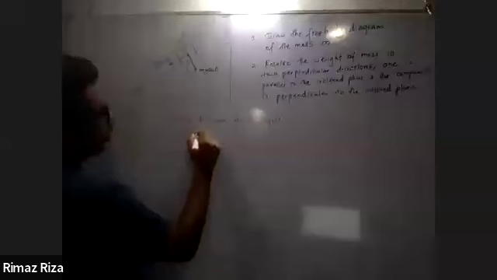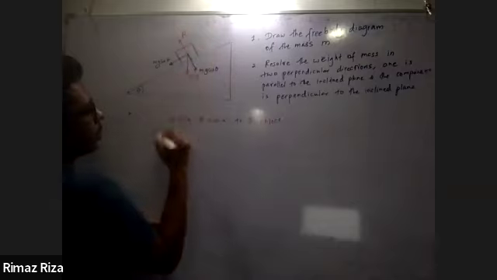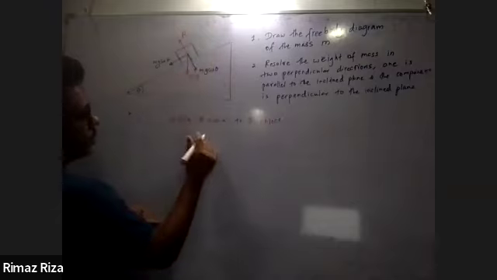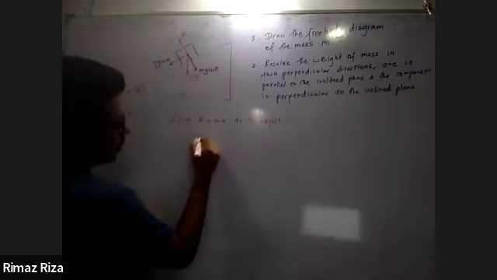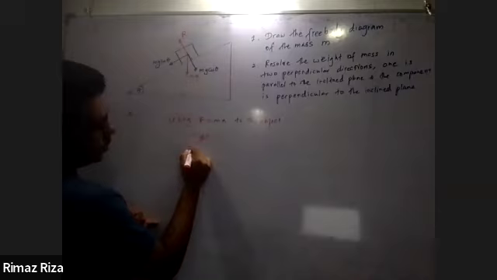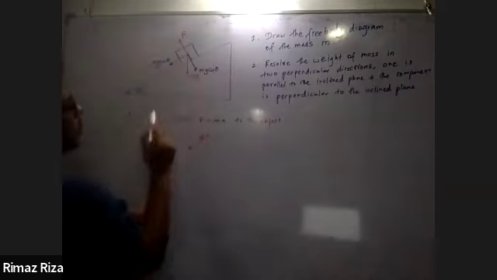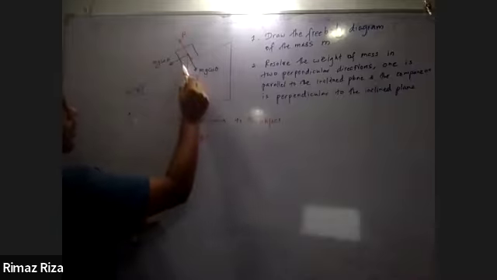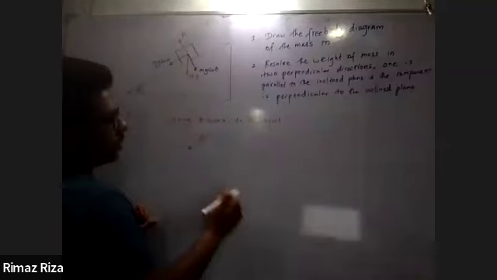So here the direction is, this is angle theta. We draw a line like this, so this is parallel to this. Therefore, this angle also will be theta, alternate angle.